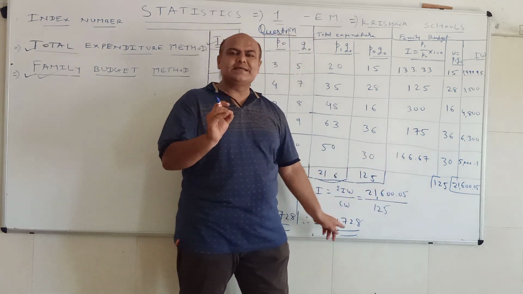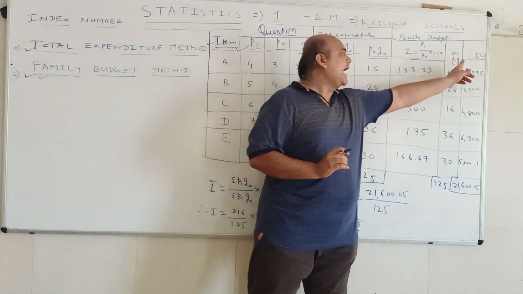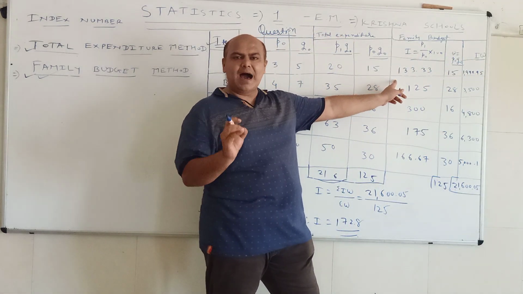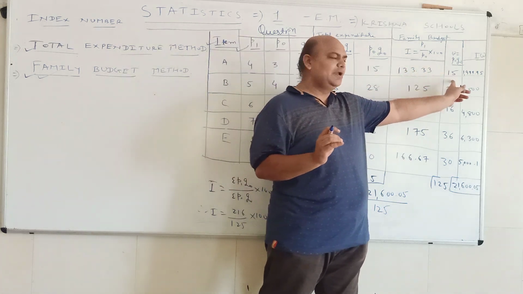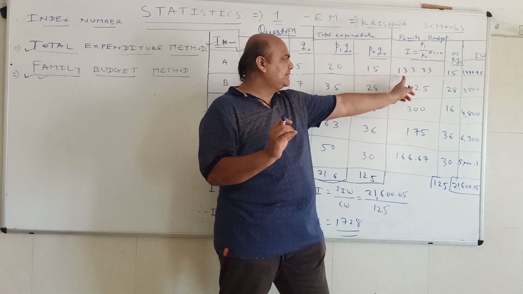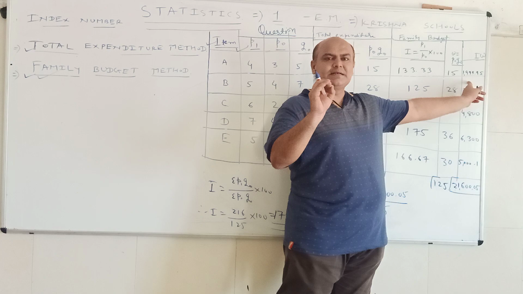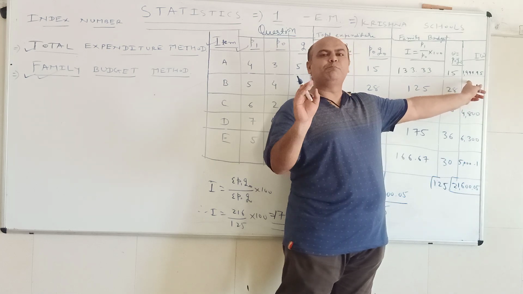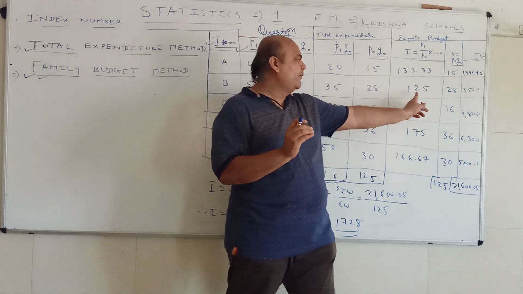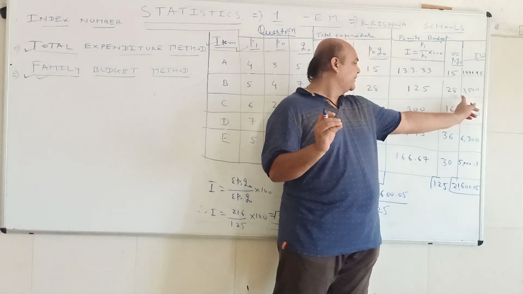Now we move towards our last column, and the last column is IW, means multiplication of column I with W. First, 133.33 multiplied with 15, the answer comes 1999.95. The second, 125 into 28, the answer is 3500.